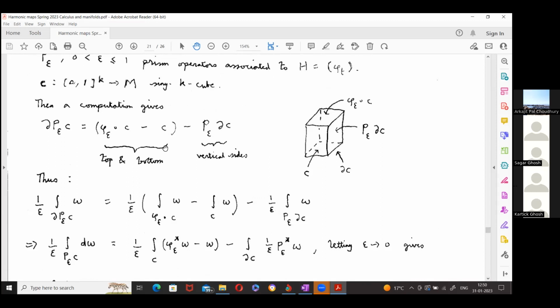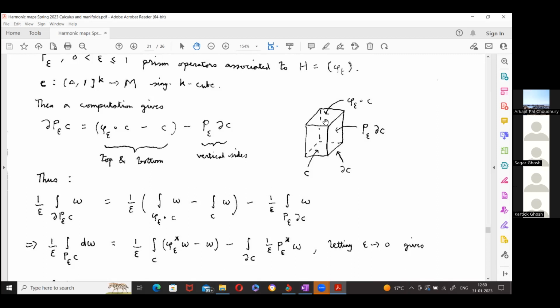Then it's not hard to show, and this is a good exercise, that the boundary of the k plus 1 cube P epsilon C is phi epsilon composed with C minus P epsilon of boundary C. You can see that from the picture.